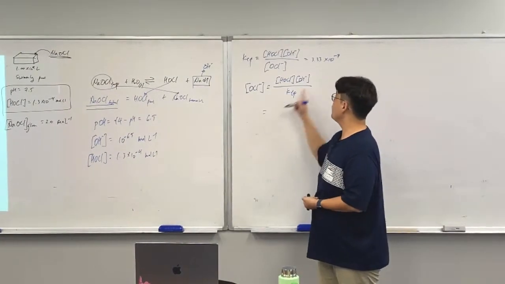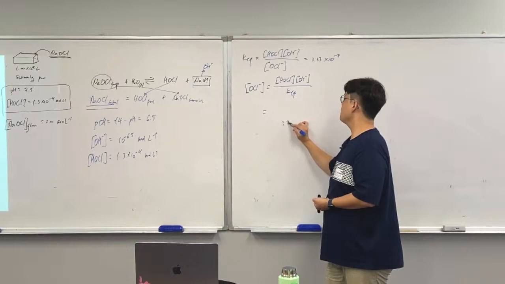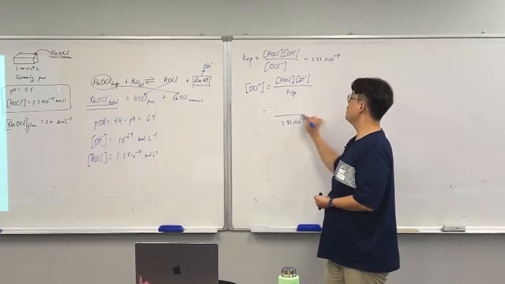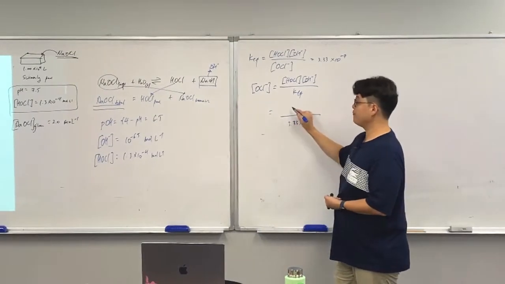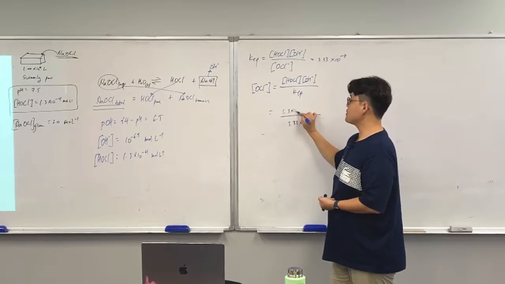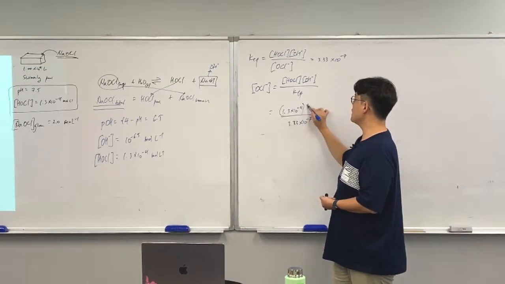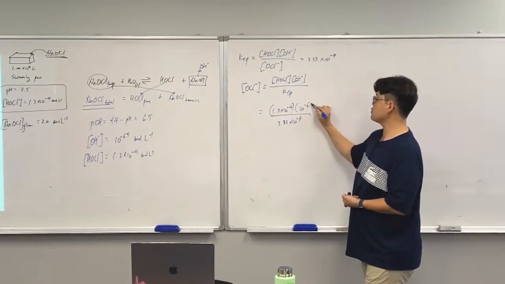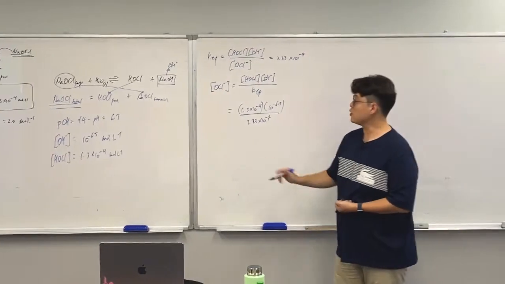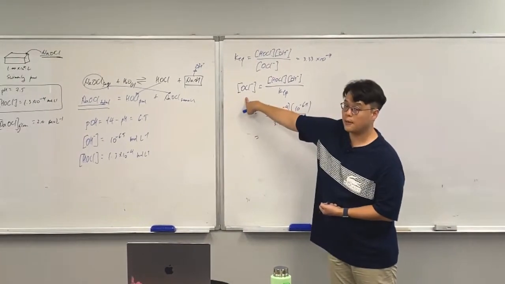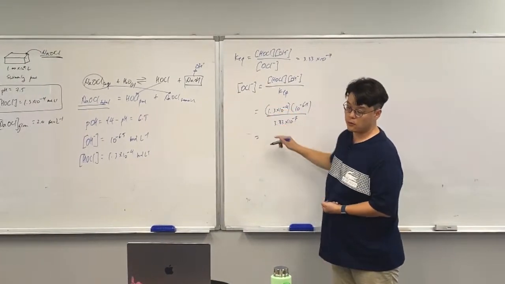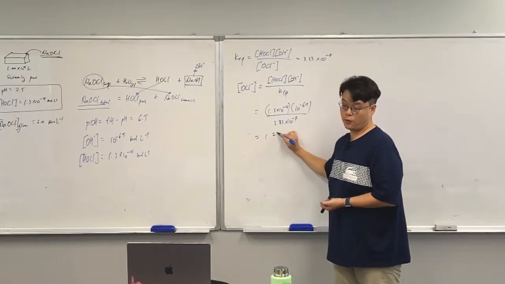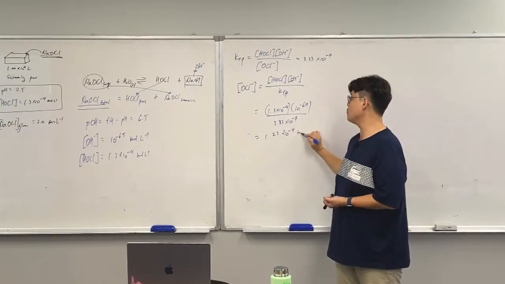That is what? We have 3.33 times 10 to the power minus 7. On the top, we have 1.3 times 10 to the power minus 4, times that 10 to the power minus 6.5. Then to get the concentration of the OCl minus, from the answer, that would be 1.23 times 10 to the power minus 4 mole per liter.